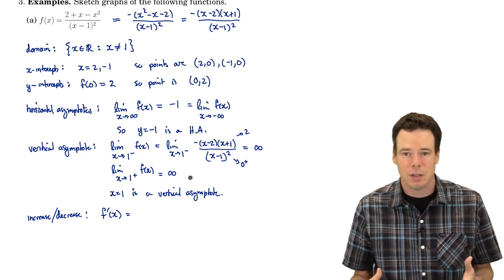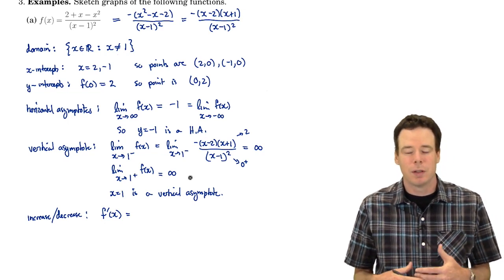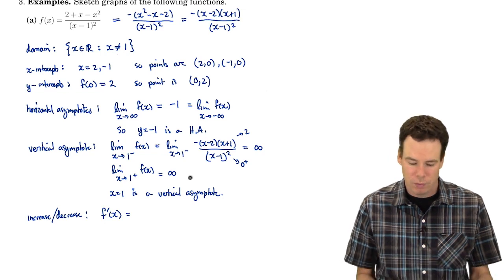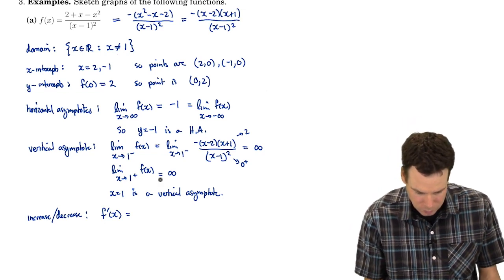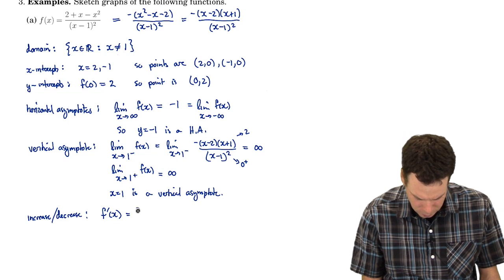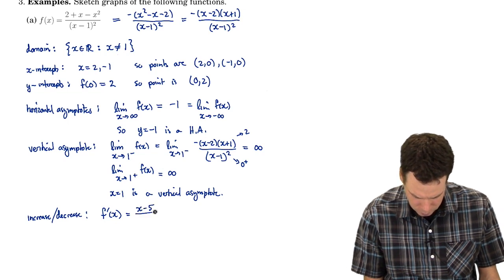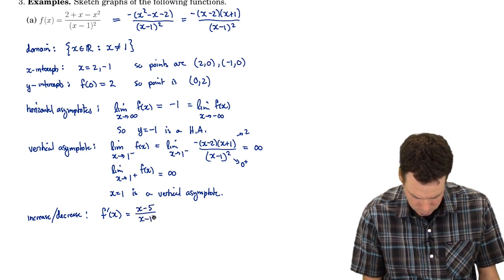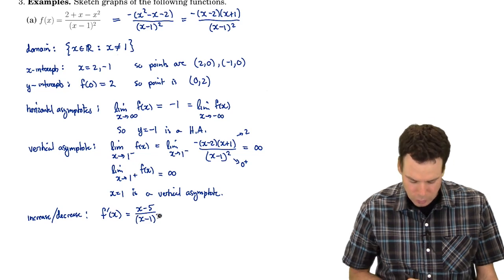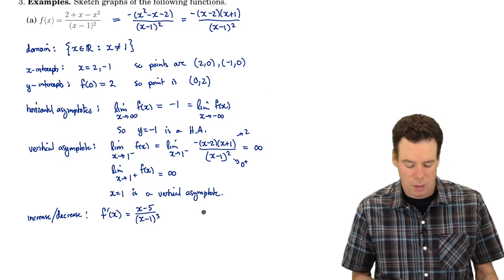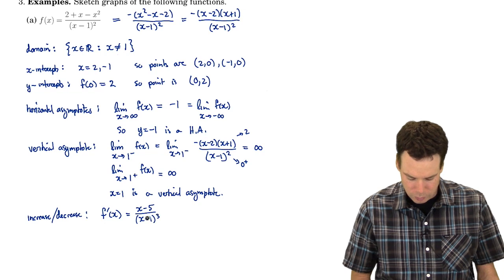I'm more interested in doing this example for what we can figure out once we have the derivative. So once we compute the derivative, we get that the value is x minus 5 all over x minus 1 cubed. So use the quotient rule and you go through all the algebra, and this is what it will simplify down to.